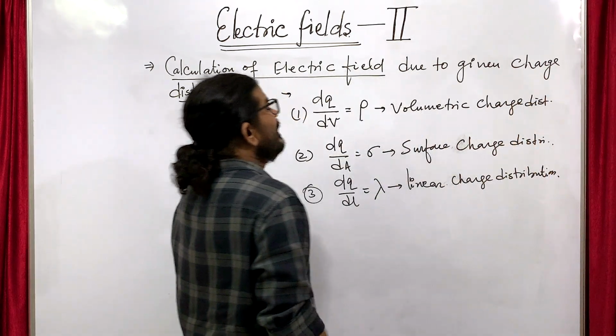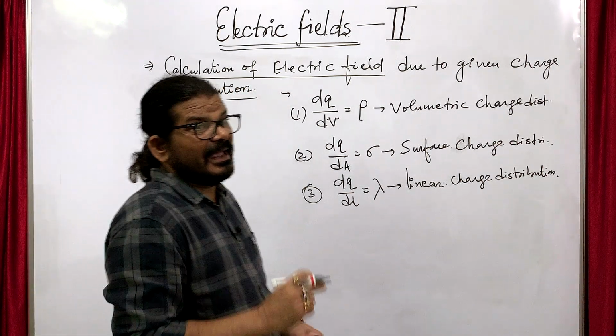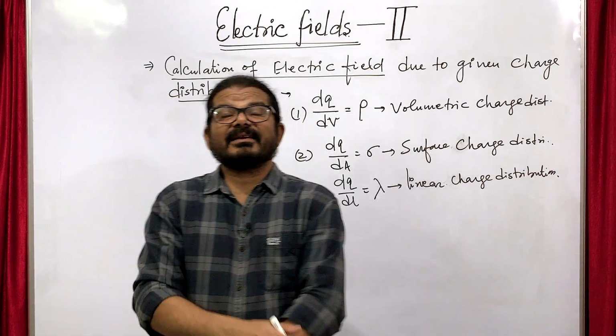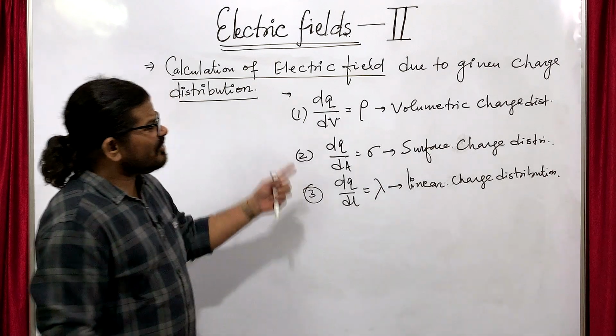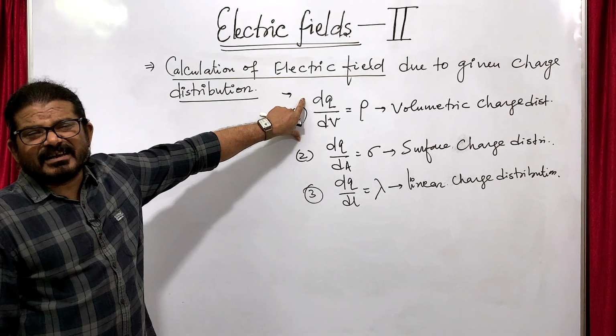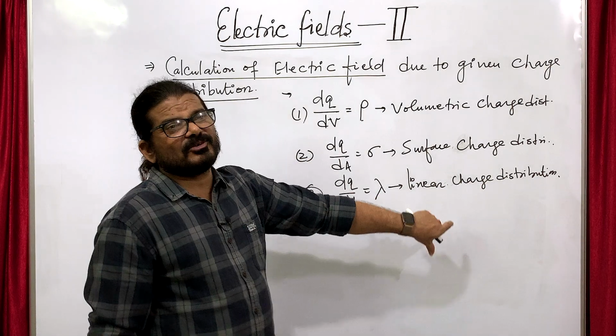So volumetric charge distribution means on an extended body, which we call an extended charged body. So either the charge will be volumetrically distributed, or surface-wise distributed, or linearly distributed.